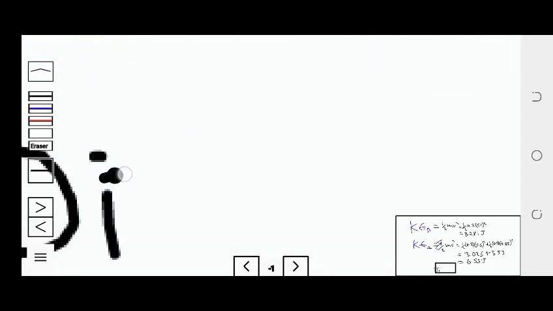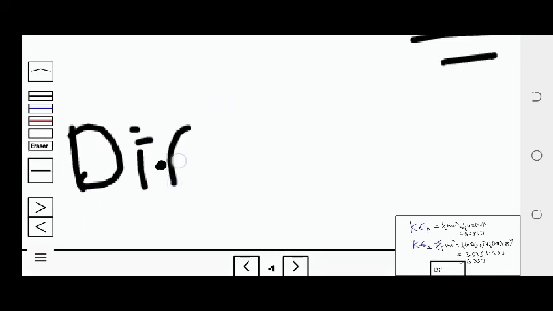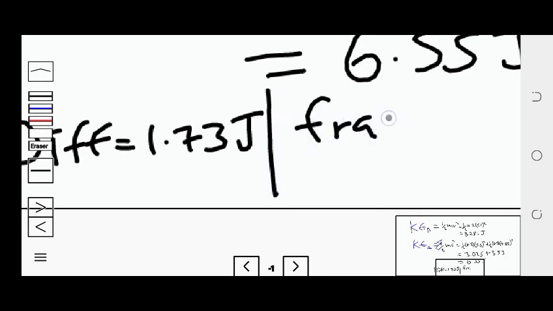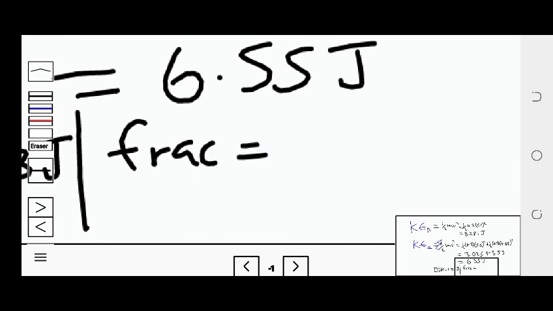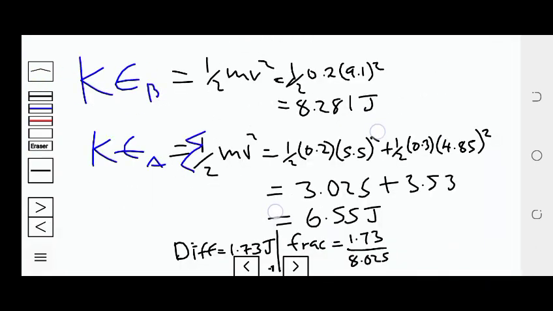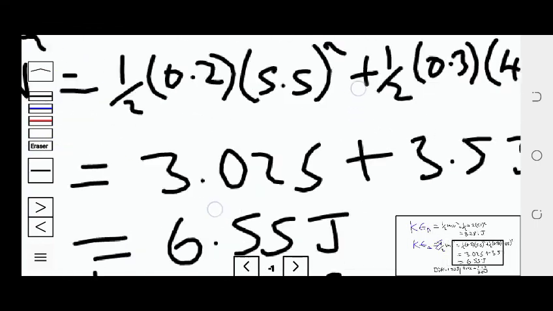Okay, so the difference is equal to 1.73, and therefore we're just going to say the fraction will be 1.73 out of 8.281.